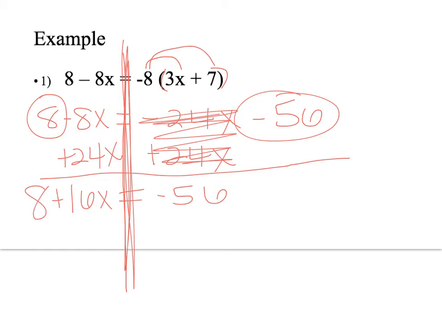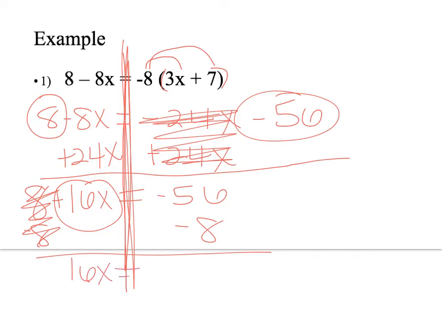The next step is to move your constant by addition or subtraction. Our constant is 8, so we will subtract 8 from both sides. Bring down your 16x equals whatever negative 56 minus 8 is, which is negative 64.